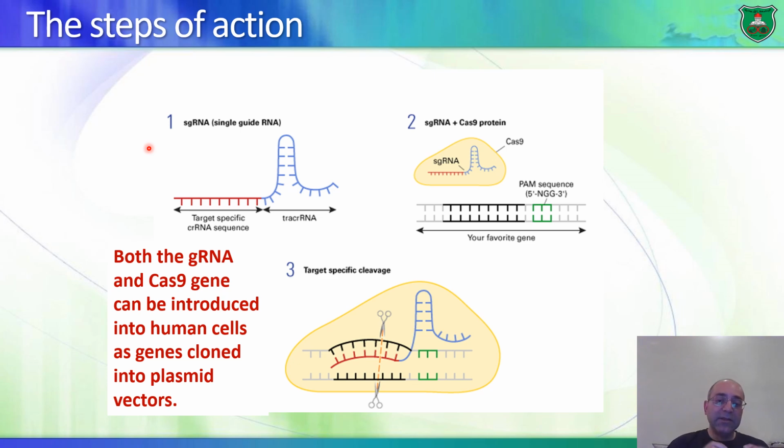And then the homology-directed repair system uses the fragment that we are introducing as the DNA to replace the damaged DNA. Okay? And this is the idea behind it. Genius stuff.